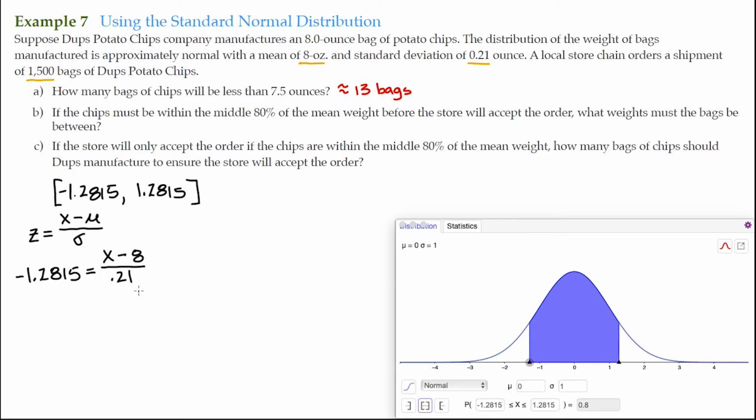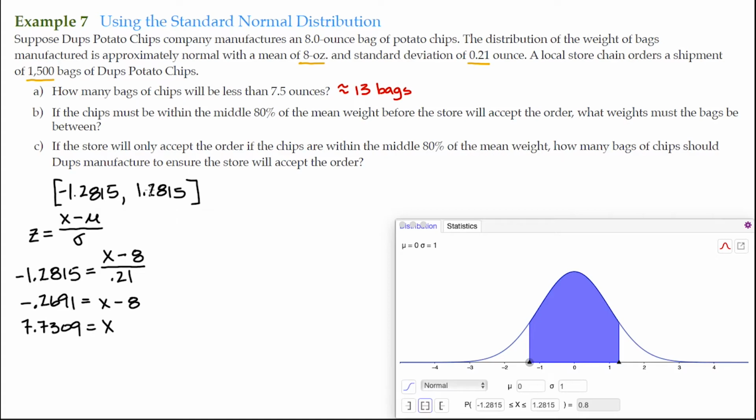So now with a little bit of algebra, all I have to do is solve for x. So I'll multiply both sides by 0.21, so this comes out to be negative 0.2691. That's equal to x minus 8. And then I add 8 to either side. So negative 1.2815 as a z-score, as raw data, is going to be 7.7309.